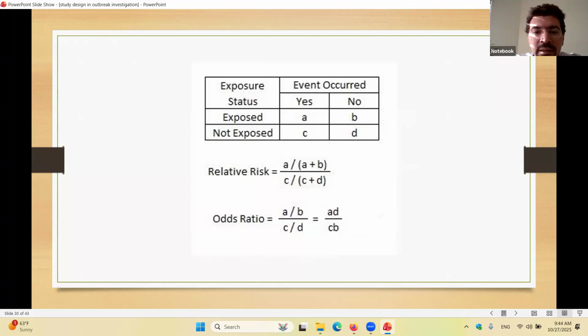But when you say A per B, it is an odds. And when you compare two odds, it is named odds ratio. And the formula is A per B divided by C per D equals to AD per CB.